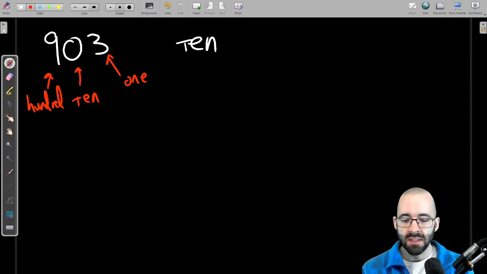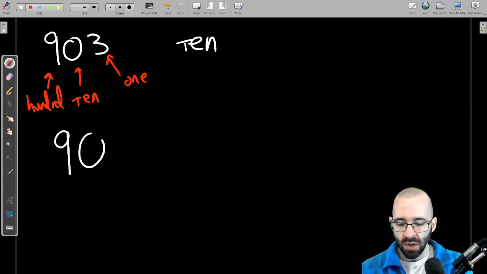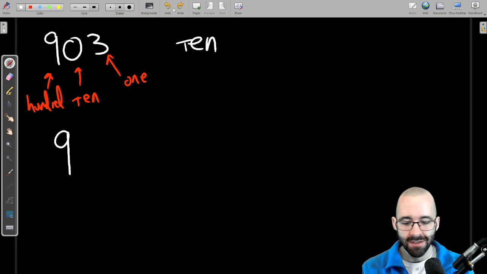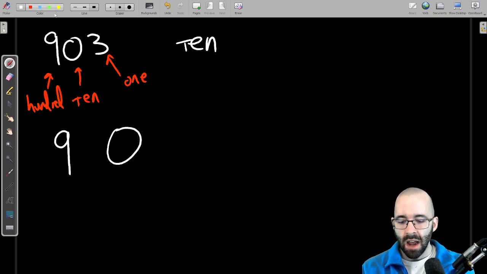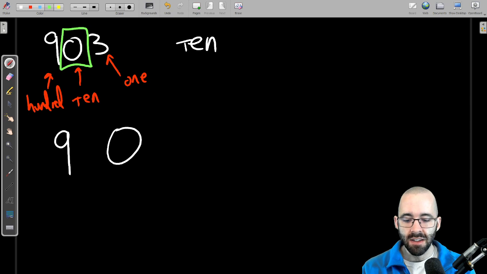So to round to the nearest 10, we know everything before the tens is not changing. Everything after the 10 becomes a 0. And then the 10 place is what actually changes. This is the part that actually gets rounded. So does this get rounded to a 0 or a 1?